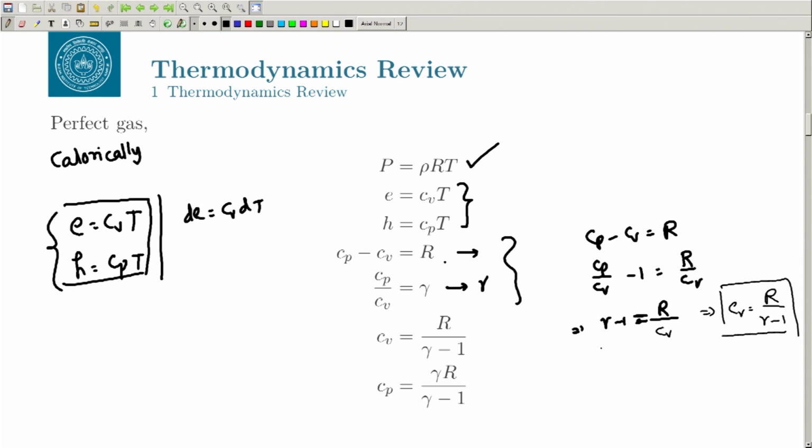Similarly, because Cp is equal to Cv plus R, that will be gamma R by gamma minus 1. Remember these relations, because we will be using them again and again when we go to the compressible CFD equations, for example, when we go to the energy conservation laws.